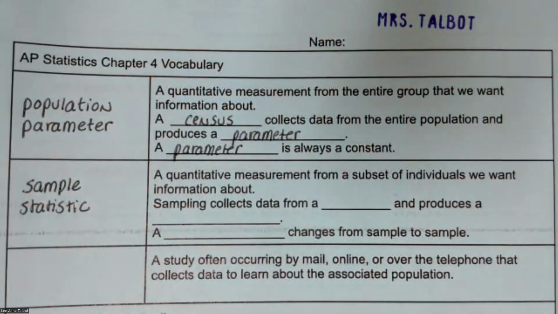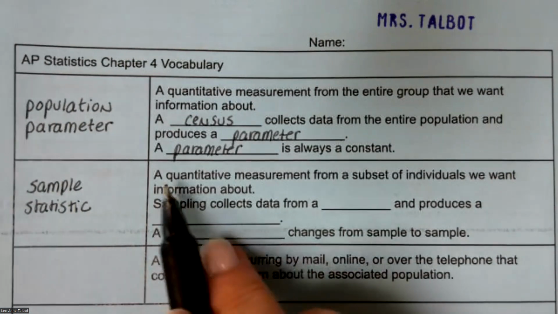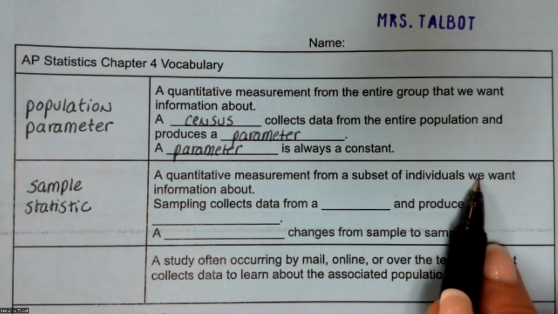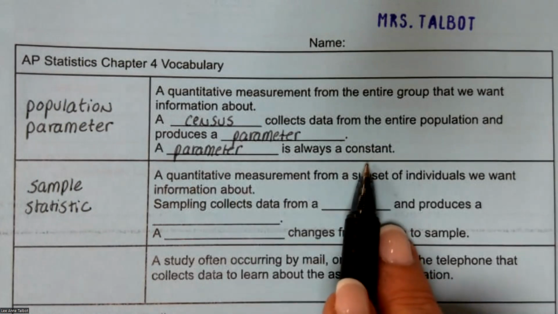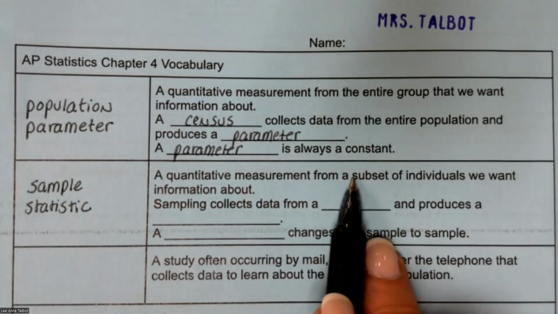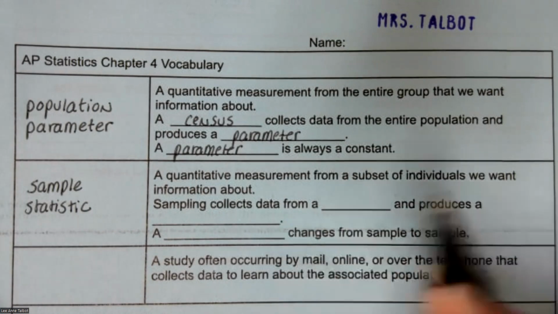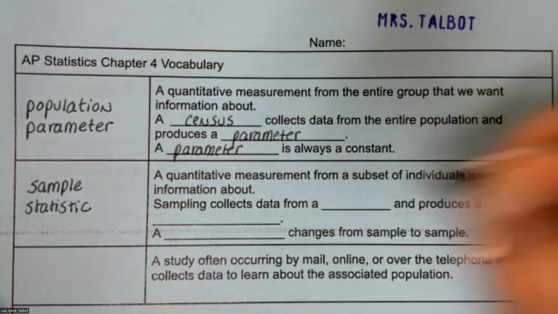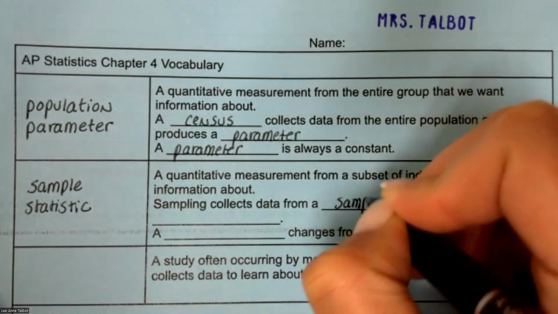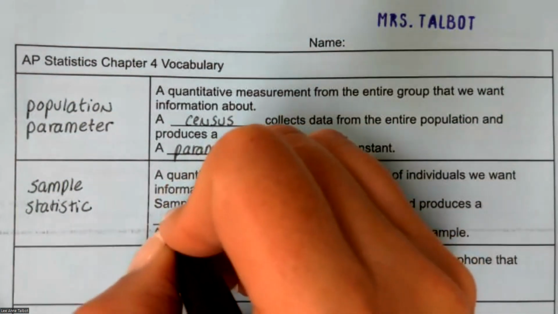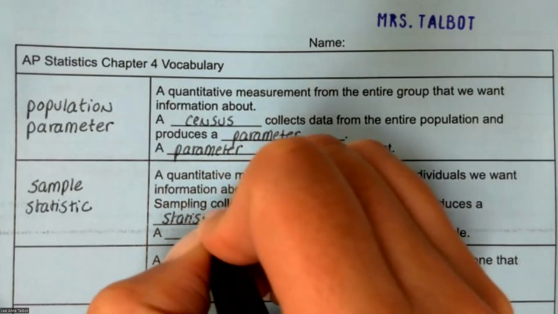If you're wondering where that word comes from, statistics, that class that you're in, it comes from the value that you get from a sample. A quantitative measurement from a subset of individuals we want information about. Basically, this means what number I get when I'm too lazy to ask everyone or just can't. Sampling collects data from a sample and produces a statistic.